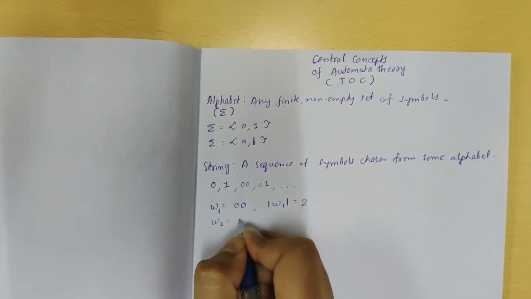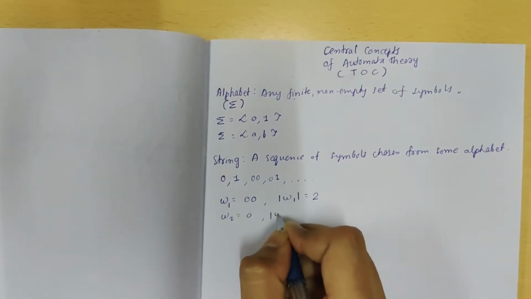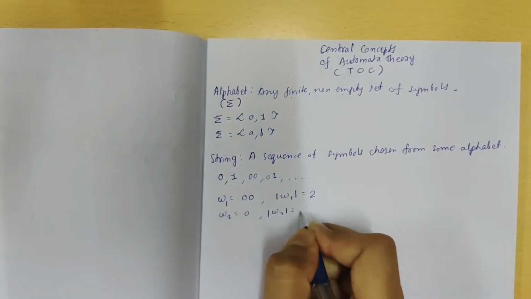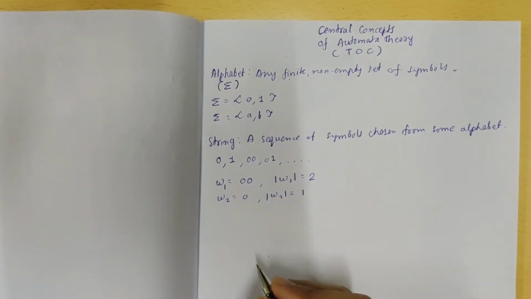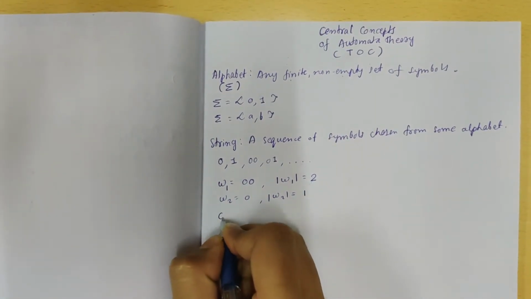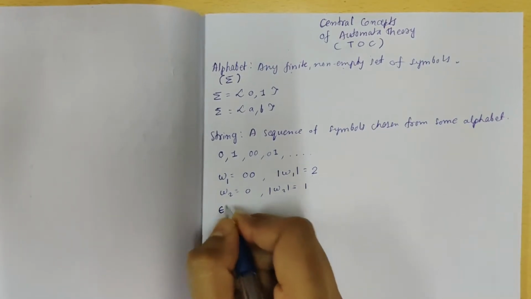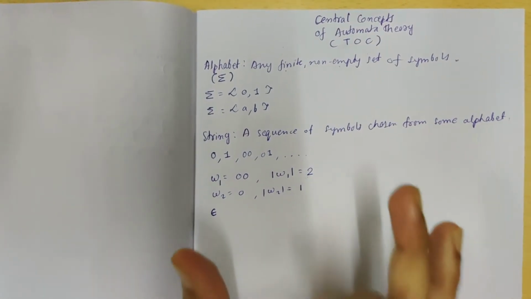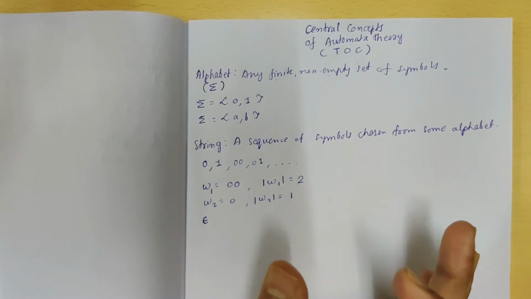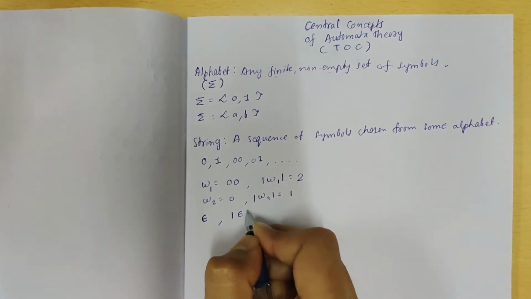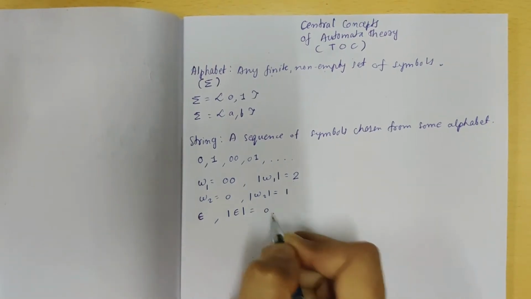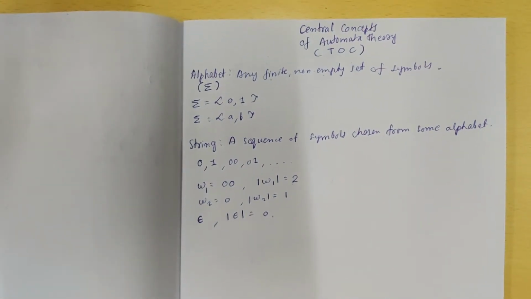Suppose W2 is simply 0. So the length of W2 will be 1. And here we have a special notation which we call epsilon. This epsilon refers to the empty string, meaning a string which does not have any symbol. So we always have the length of epsilon equal to 0.